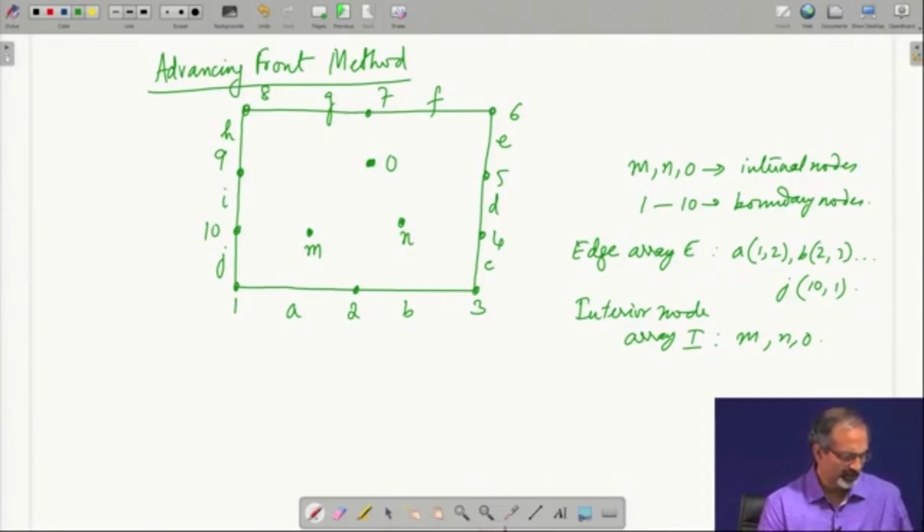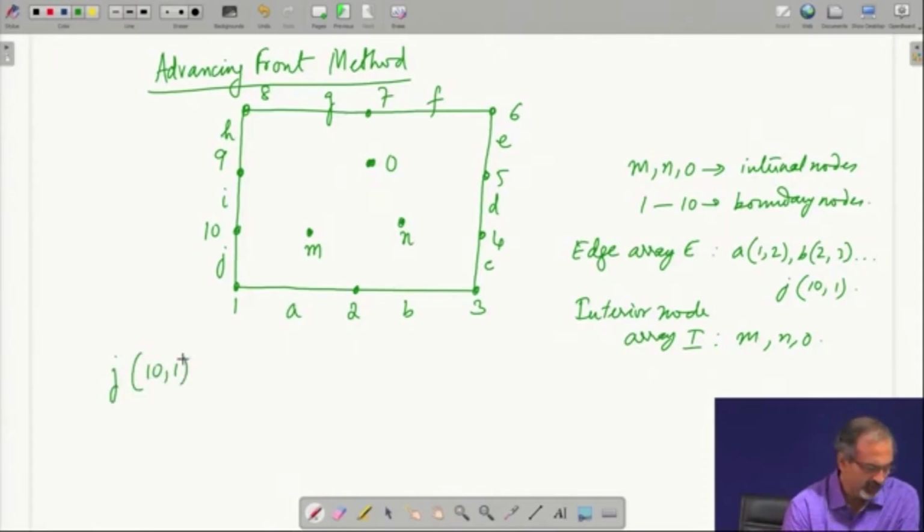We go to the last element in array E, that is we look at J, which is nothing but 10, 1, and a search is conducted in order to locate nodes which are lying on the left hand side of edge J. If you were to stand on the edge J, you would look in the direction from 10 to 1 and then you will have a right and a left to look at.